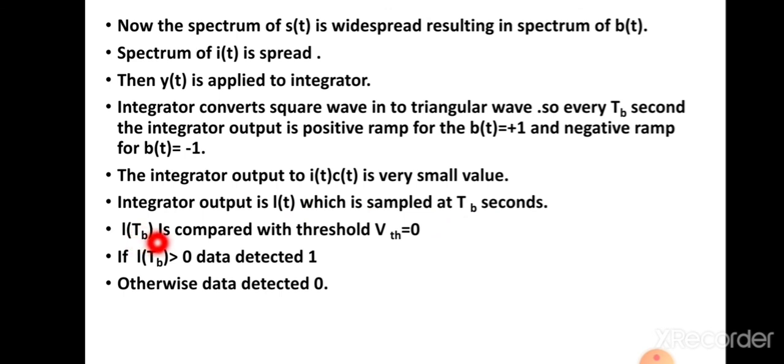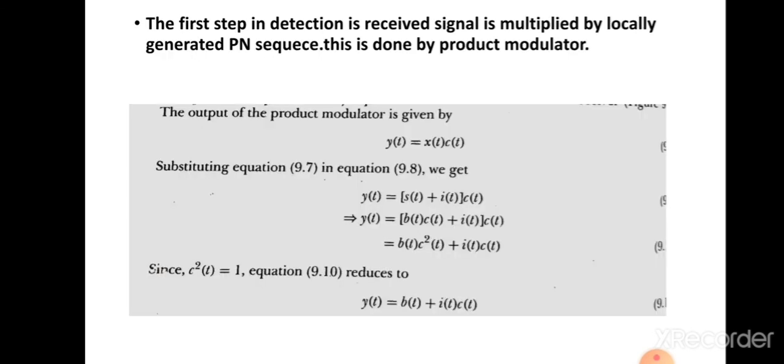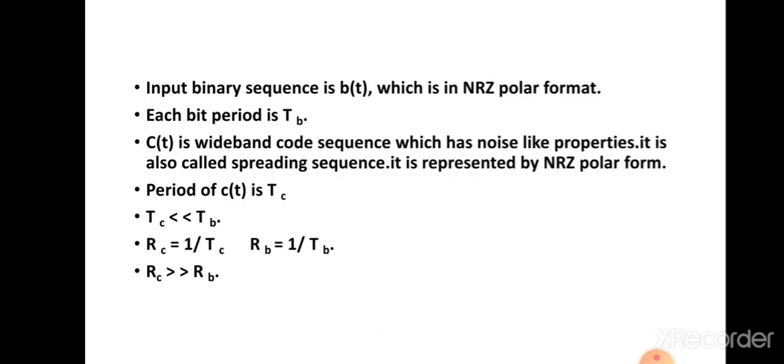That L of TB is given to a threshold comparator, where it is compared with the threshold voltage VTH equal to 0. Whenever L of TB is greater than VTH, the data detected will be 1. And if L of TB is less than VTH, that is L of TB is less than 0, the data detected will be 0. You can see this in the block diagram.